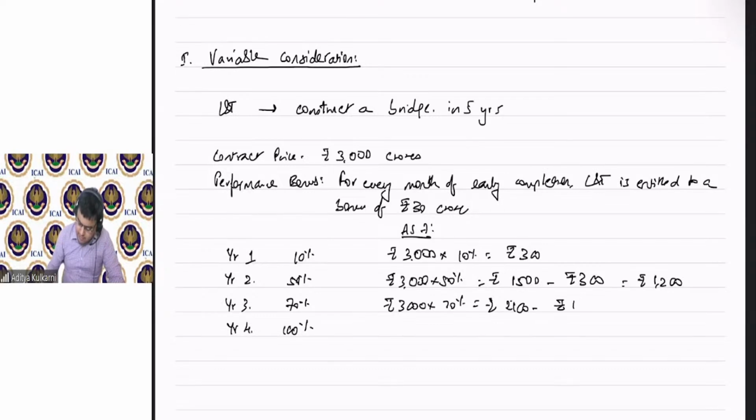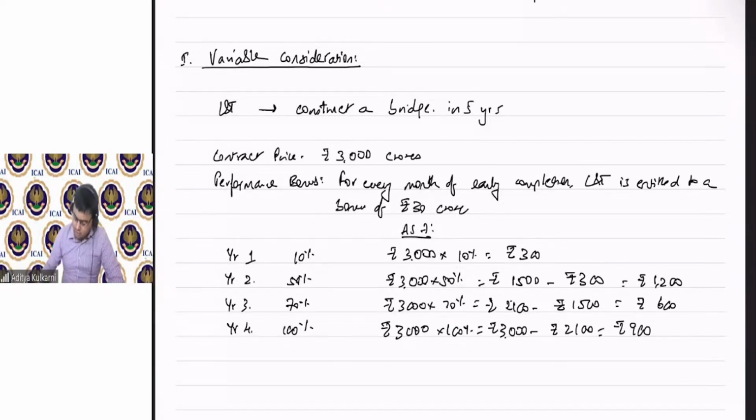Up till last year, we have recognized 1,500. So therefore, we are now recognizing 600. In year 4, the entire 3,000 is complete. So this is 3,000 minus 2,100, which is rupees 900 crores.